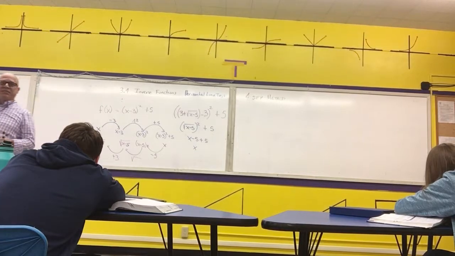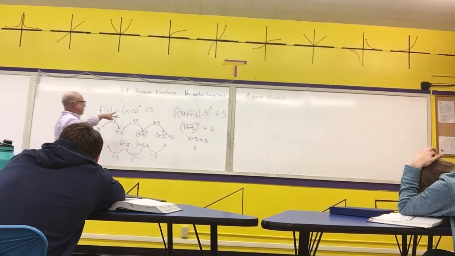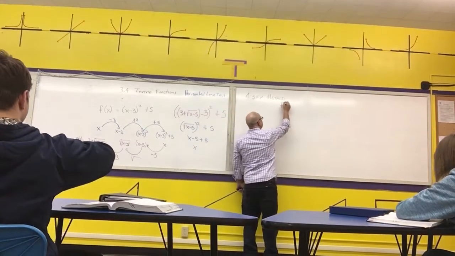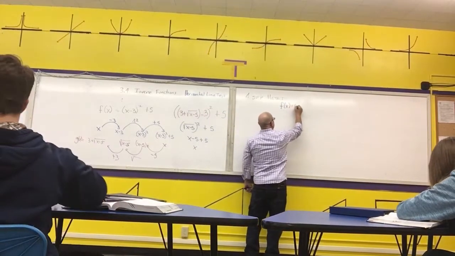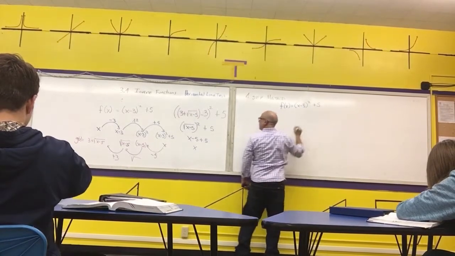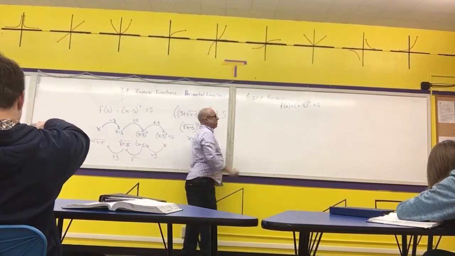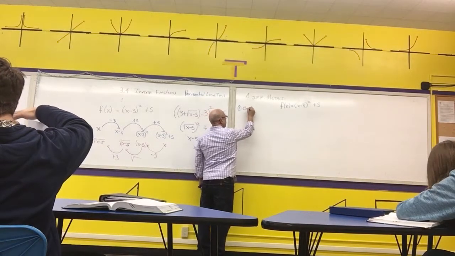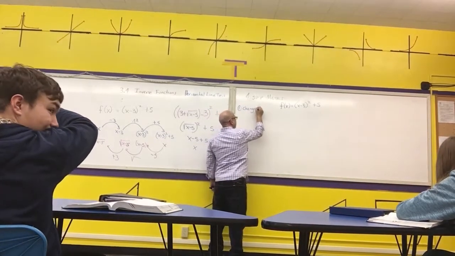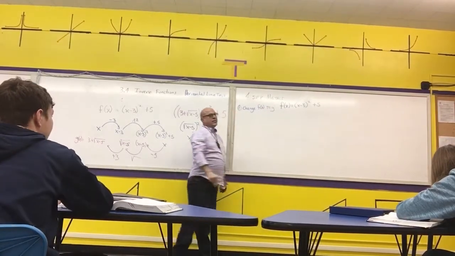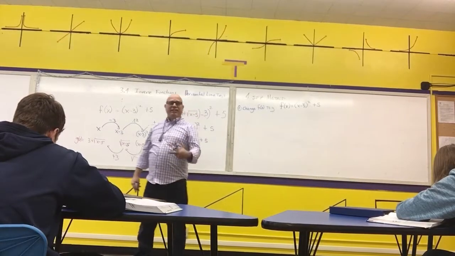I'm going to start with the same function I started out with before. f of x equals x minus 3 squared plus 5. Step 1: change f of x to y. So where it says f of x, I'm going to replace it with a y.